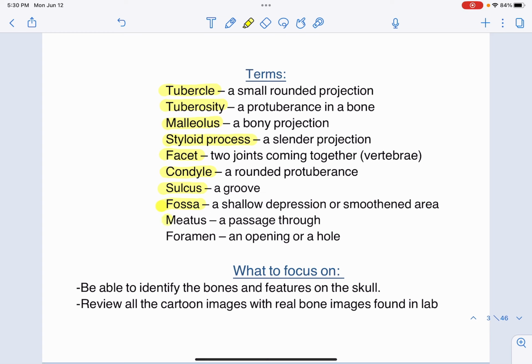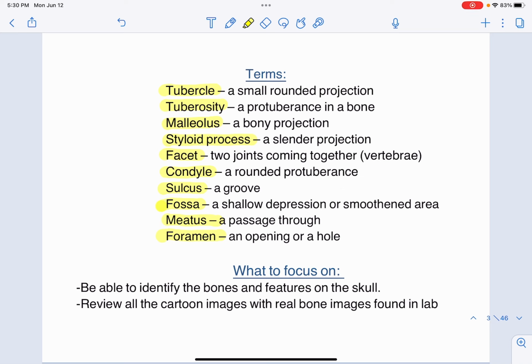A meatus is a passageway, kind of like a canal. And a foramen, which you'll see a lot of, is an opening or a hole. Lots of times there are going to be foramens in various places, especially in the skull, because it is a passageway for blood vessels and nerves.